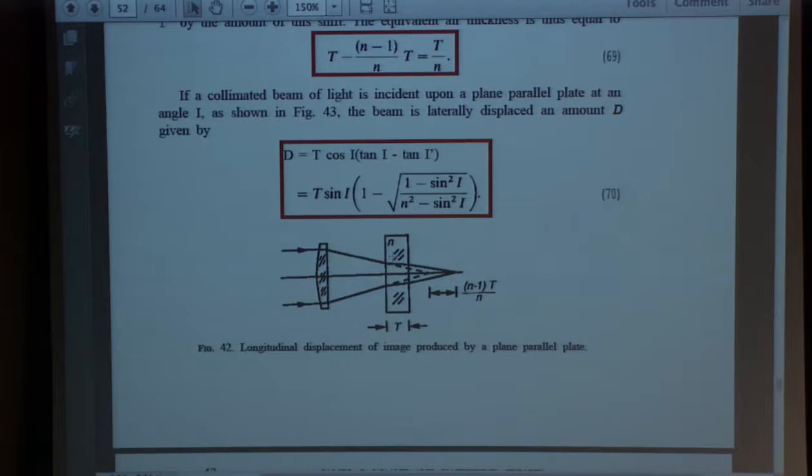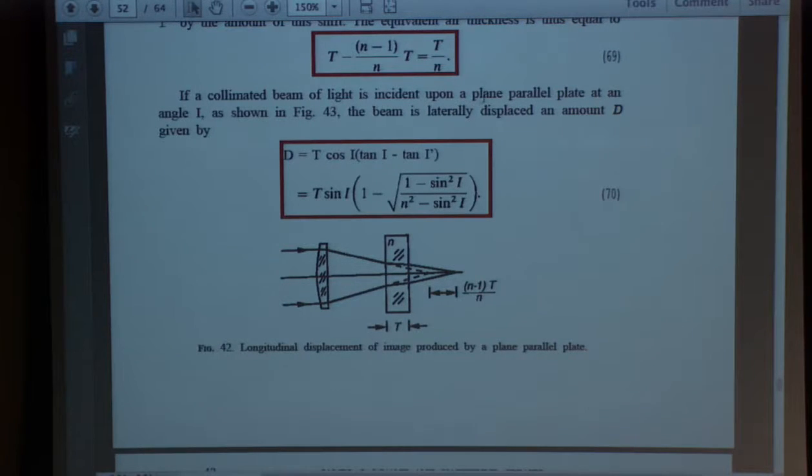in this window, I mean, you can see what's happening when the light strikes a window, higher index than outside. So the rays are going to get closer to the normal. And when they come out here, they'll be parallel to where they were when they went in. But inside the plate, where they were closer to the normal, is going to cause this image to be shifted some distance here.